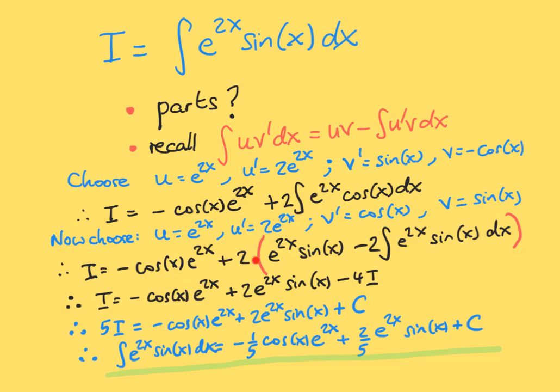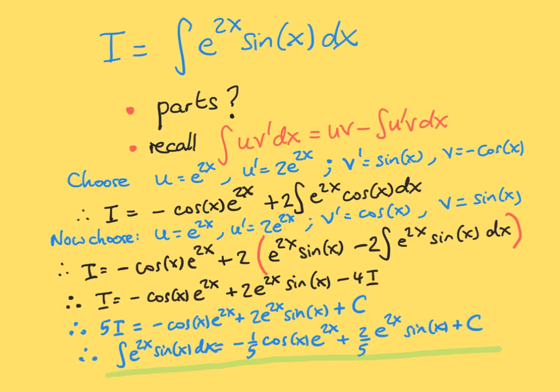So now let's expand the brackets, bearing in mind the factor of 2 is here. So this is just as above. Here we have plus 2 e to the 2x sine of x, and then we have plus 2 times minus 2 is minus 4 times this integral. But this integral is our initial integral I.